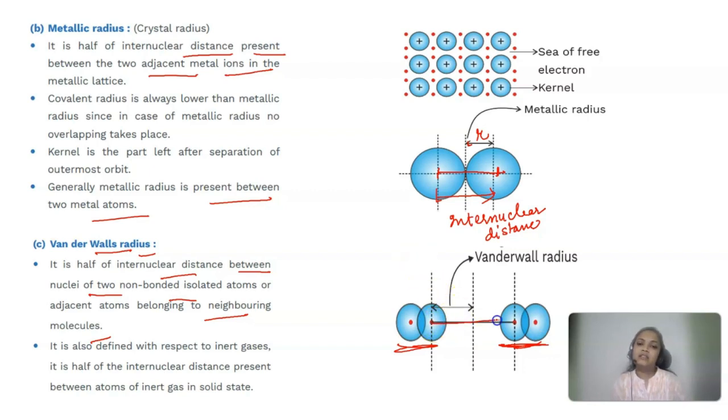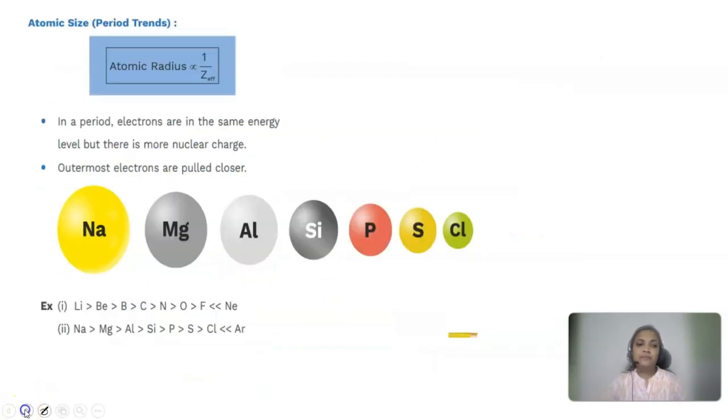So in that case, this is the internuclear distance, and if we do 1/2, it becomes the van der Waals radius, and usually we use it for the case of inert gases, okay. So it will be the internuclear distance present between atoms of inert gas in solid state. So in solid state, then we find it out. Okay, so these are the different types of radii.